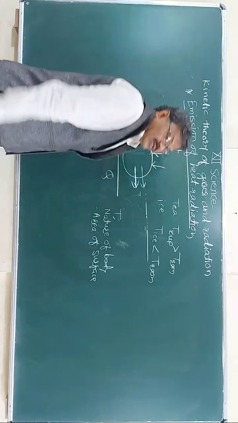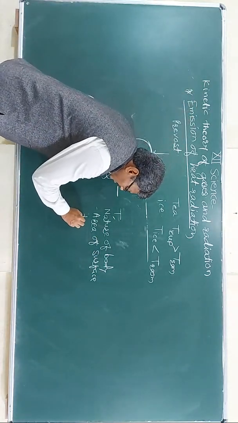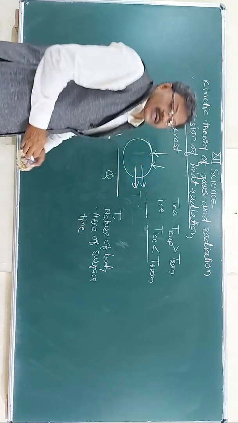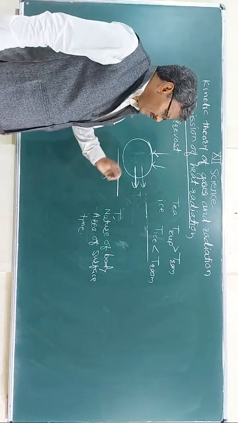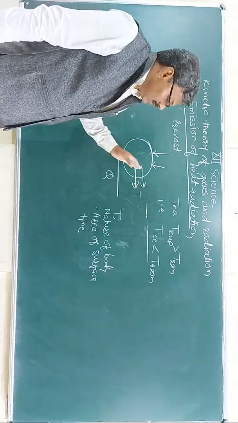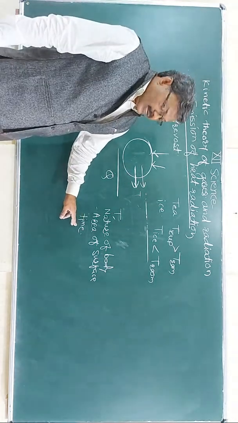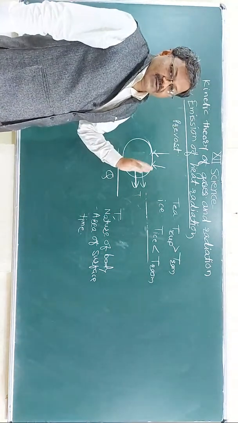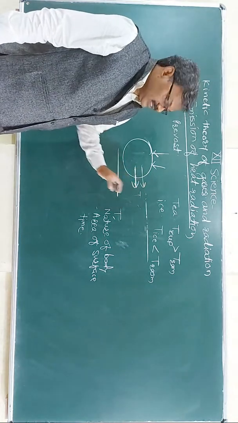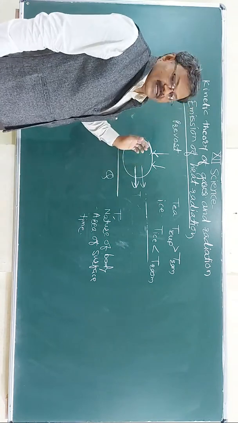It depends upon the area of the surface, and it also depends on the duration of time, the time for which this radiant or thermal energy is emitted from the body.